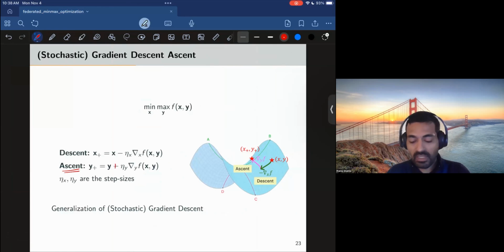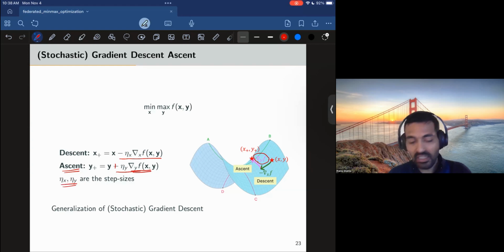We take an ascent step, meaning we compute the gradient with respect to y and take a step in that direction. So we get descent in x and ascent in y.